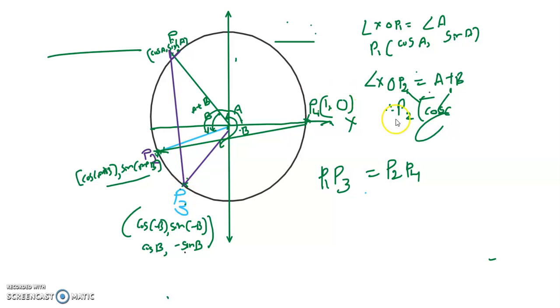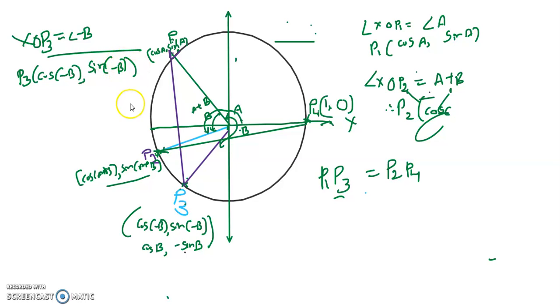Since angle XOP3 is equal to angle minus B, we have the coordinates of P3 as cos of minus B, sin of minus B. That's what I have written here. Since cos of minus B is cos B, cos of a negative angle is positive, and sin of minus B is minus sin B. Therefore, the coordinates of P3 are cos B, minus sin B.